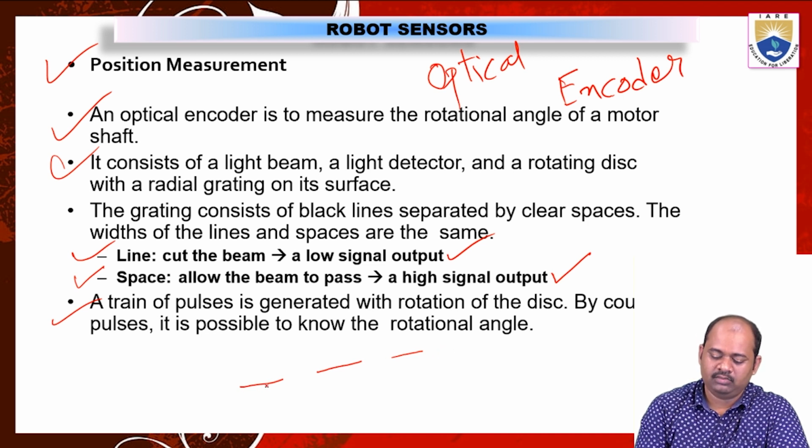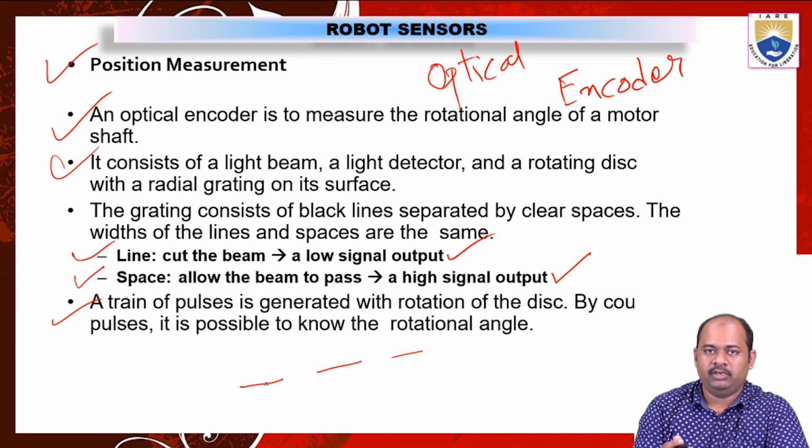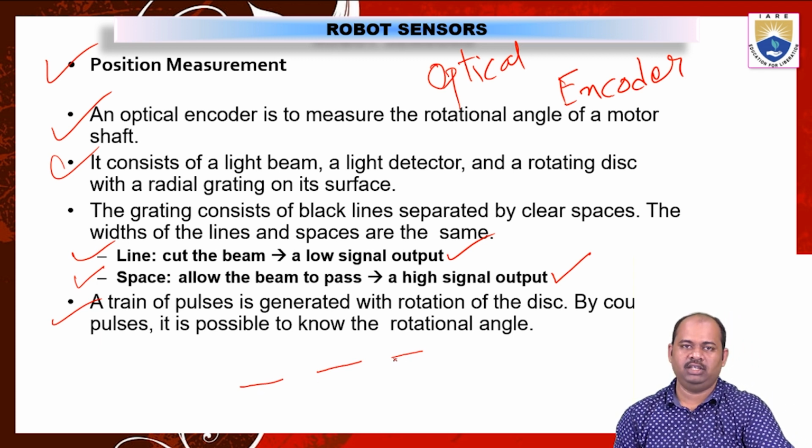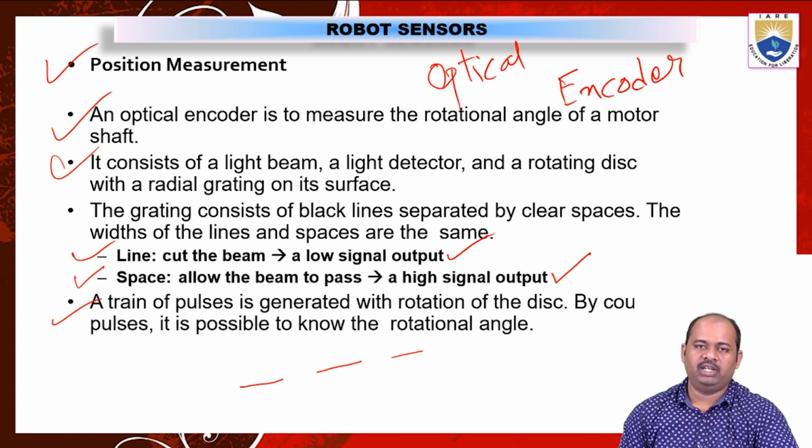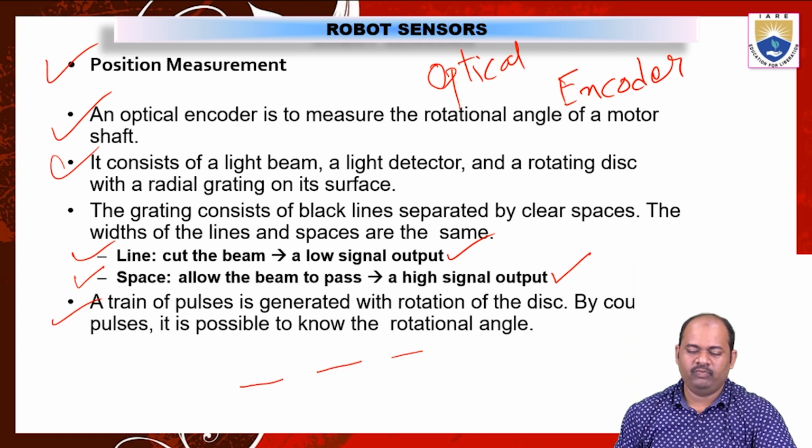So we have line, space, line, space, line. This indicates the different pulses coming out of the sensor. By counting these pulses, we can measure the rotation and position of the robotic link. With the correct calibration, we can measure the movement of the link.